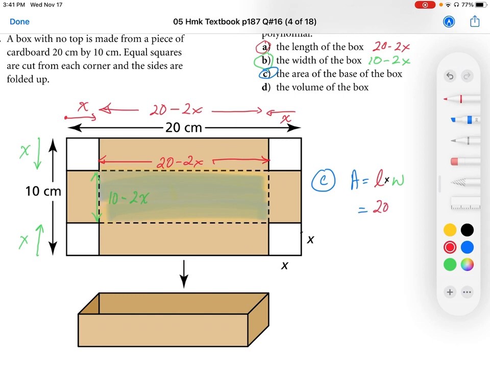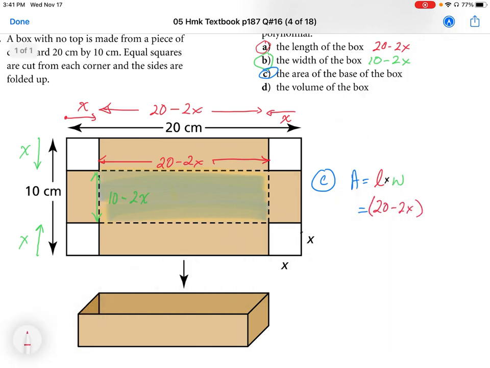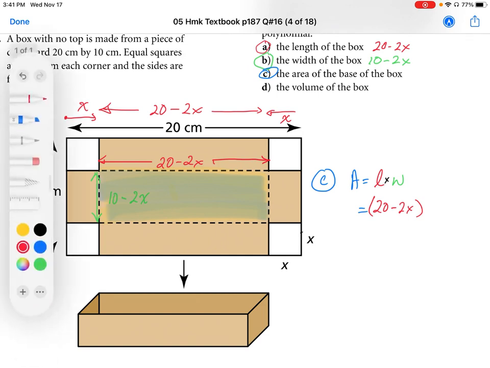The expression for the length is 20 minus 2x. I need to group that because that's a factor. And for the width, I'm going to use 10 minus 2x. So this becomes times 10 minus 2x. That represents the area of the base of the box.